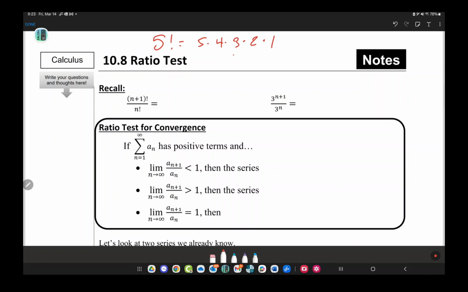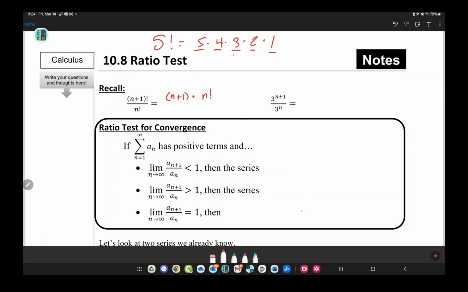Now, anyway, how can I simplify n plus 1 factorial? What is happening every time we progress? It goes down by 1, right? So n plus 1 factorial is n plus 1 times n factorial. What is n plus 1 minus 1? n.